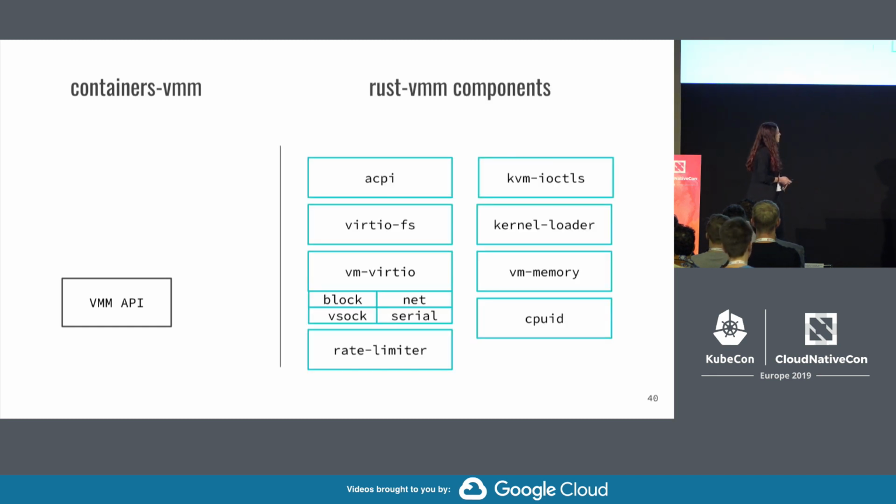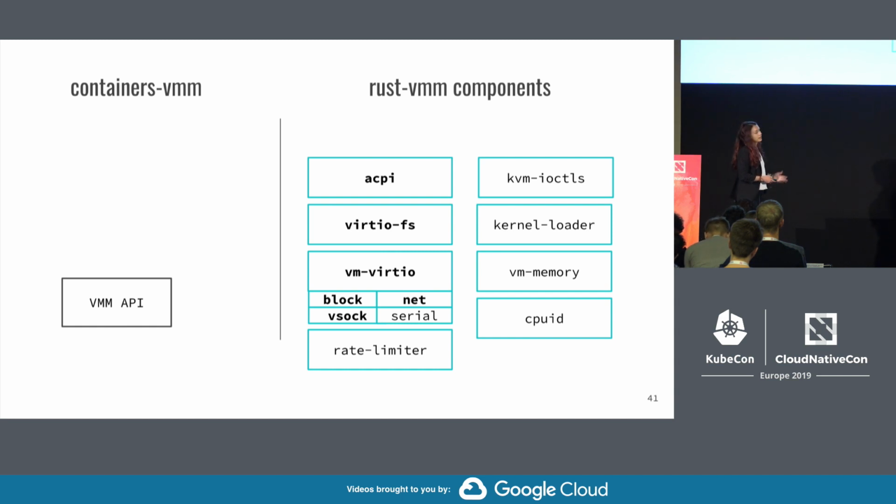After defining the VMM API, we can take a look at the components that currently exist in Rust-VMM. We don't have to take everything, because these are separate repositories, separate components. So the first thing, in order to create a containers VMM, is that we select the components that Samuel talked about earlier, which are specific, sort of, to the container use case.